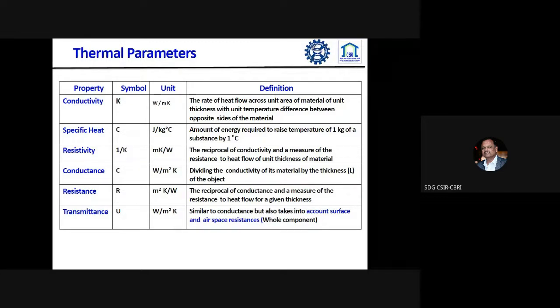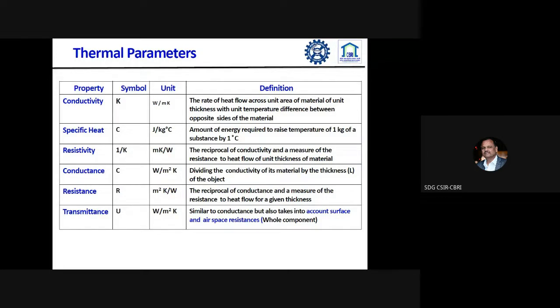So if we want to talk about the overall property of a building envelope, because a building envelope doesn't consist of a single material, it is a combination of materials. If you consider a conventional brick wall, there is also outside plaster and inside plaster, so the whole assembly is a combination of 3 layers. So we cannot talk in terms of conductivity.